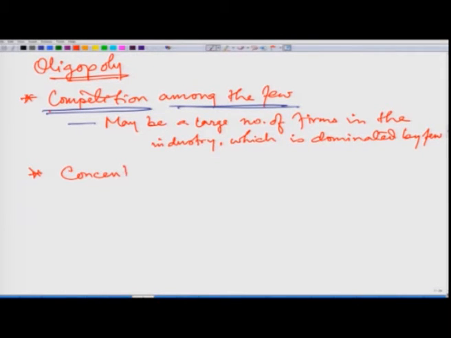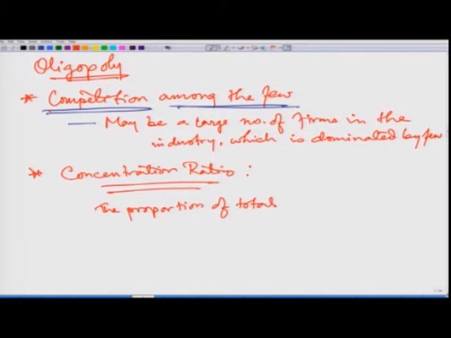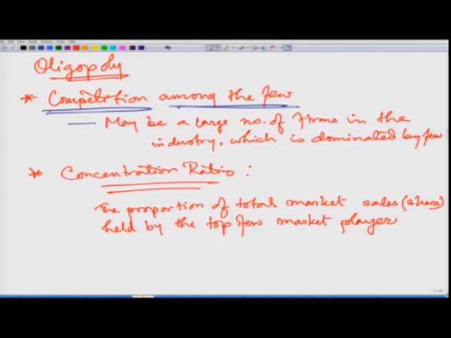Yes, the next one is how we define this lower competition rate. A lower competition rate is measured through the concentration ratio. What this concentration ratio says is the proportion of total market sales or share held by the top few market players, or sellers, or suppliers, or providers.